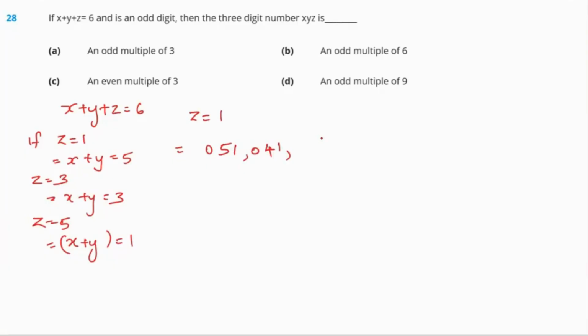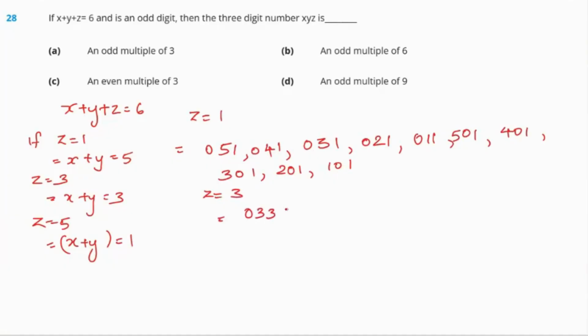Okay, so 0, 3, 1, 0, 2, 1, 0, 1, 1, 501, 401. These are all the possible cases you can take here. Okay. So from these possible cases, if z is equal to 3, suppose 0, 3, 3 divided by 3.